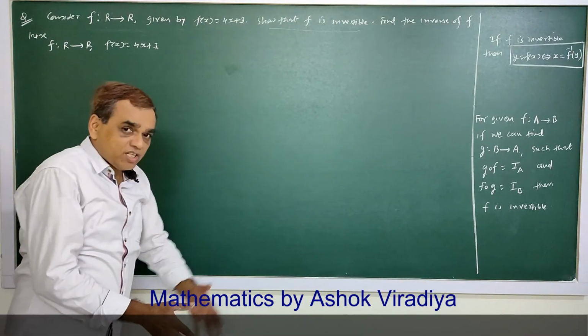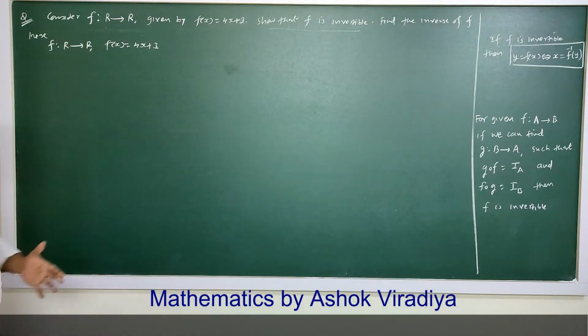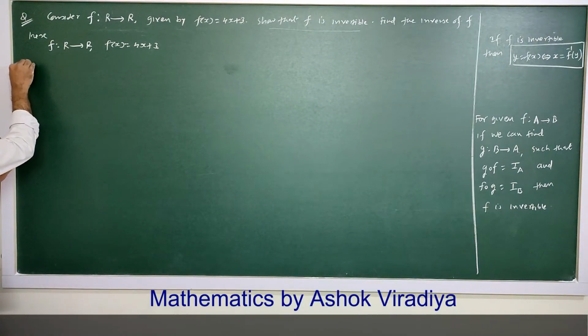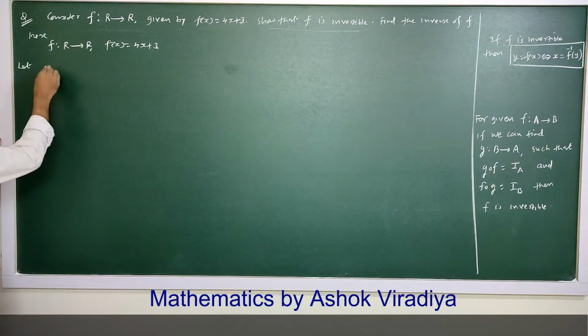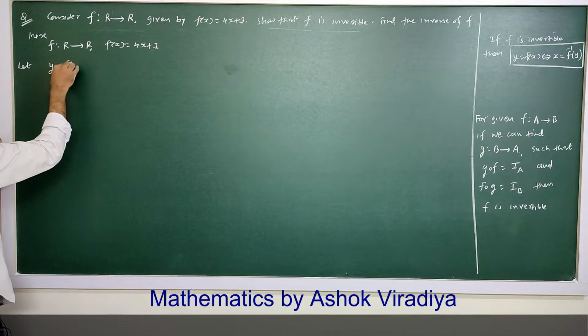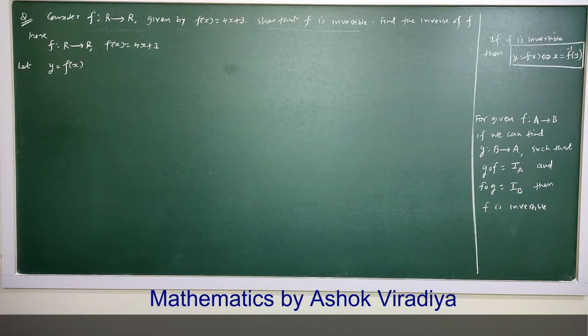So what is the procedure to find g? The method is, we suppose that y is the image of x, where x comes from the domain. For x belonging to R, y equal to f(x).